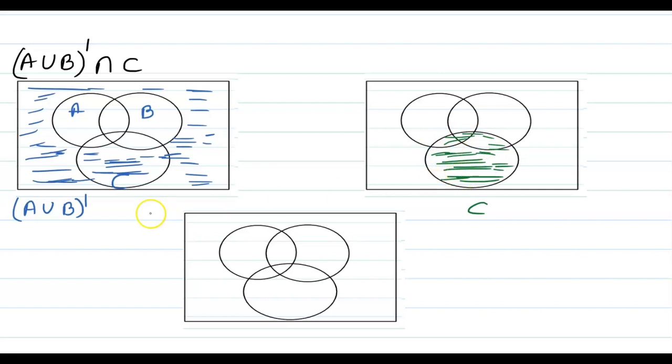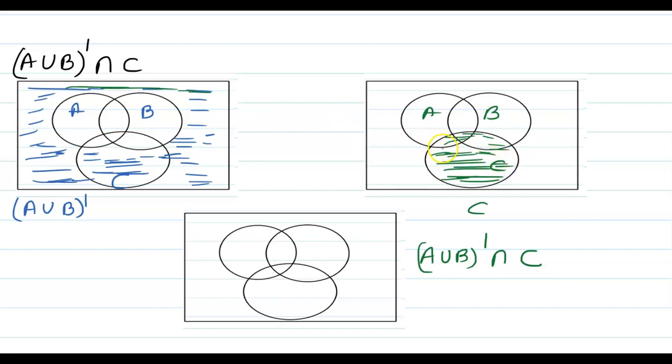Now we need to combine both results, like A union B complement, or not A union B, and intersection C. What is the common part here? It is shaded outside here, but it is not shaded here, so it is not a common part. A is not shaded here, and here also A is not shaded.